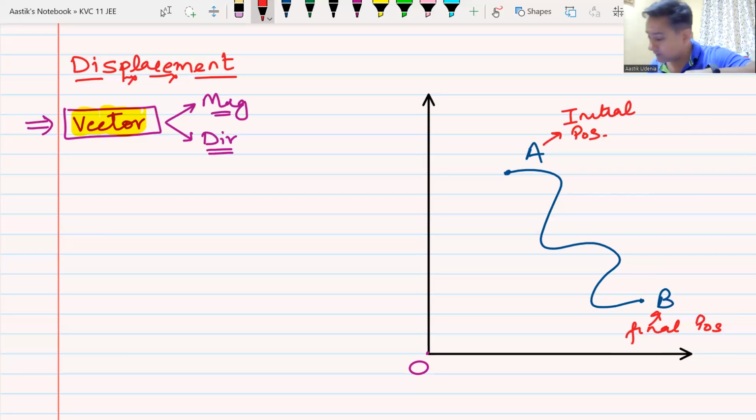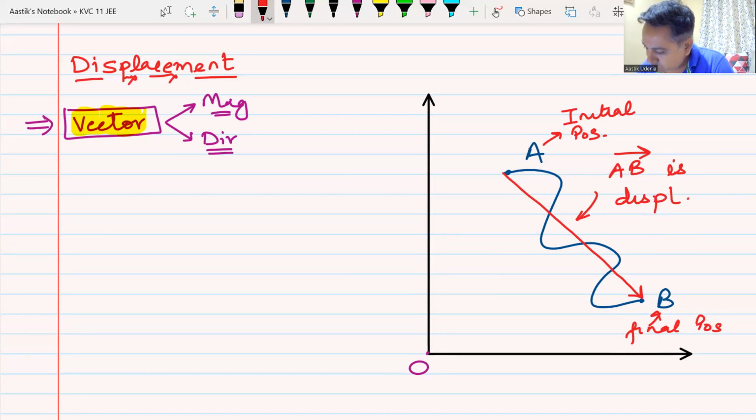A is the initial position, B is the final position. The displacement is, if I draw a vector from A to B, that is displacement. And it has got nothing, as you can see, to do with distance. Nothing, absolutely nothing. This AB vector is your displacement vector, because it is a vector.